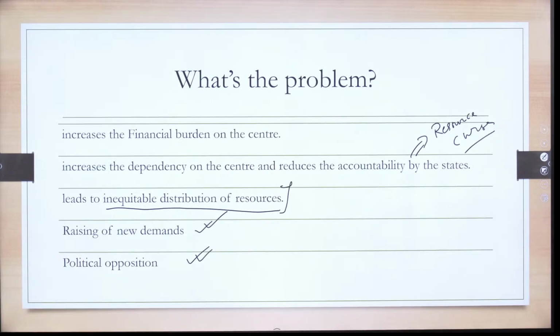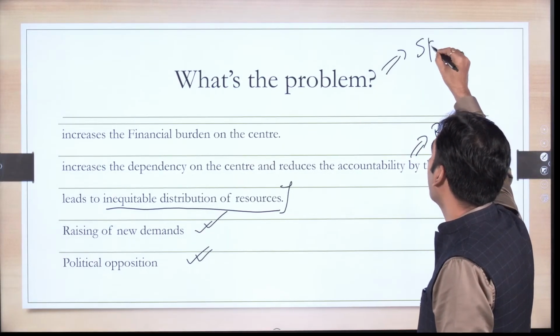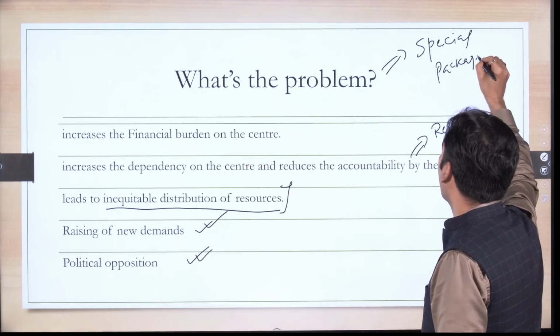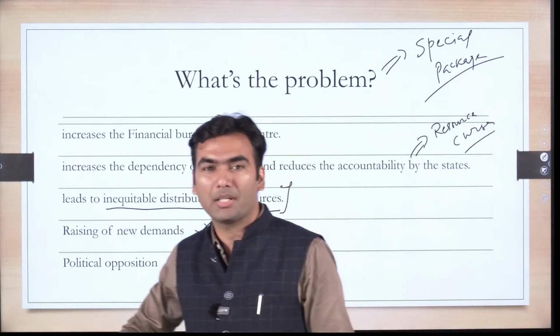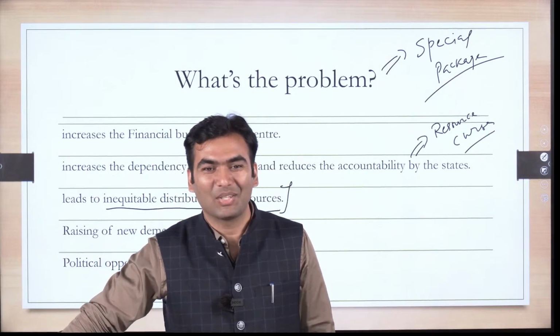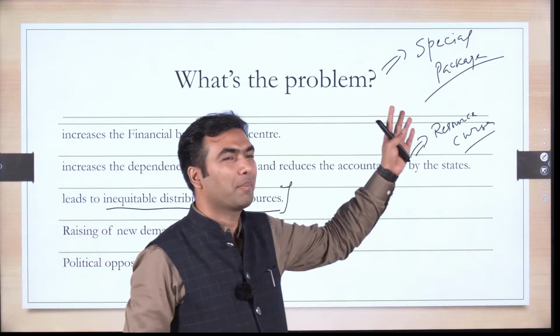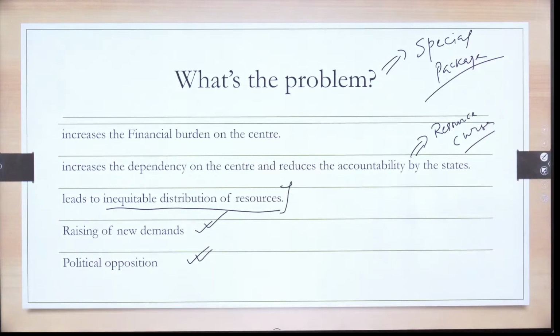Rather, the central government has given some special packages in this year's budget. Some special economic package has been given to both the states. Like this year's budget was all about Bihar and Andhra Pradesh. This is also something that people were saying. So, a special economic package was given to these states. The demand for special category status has not been met.